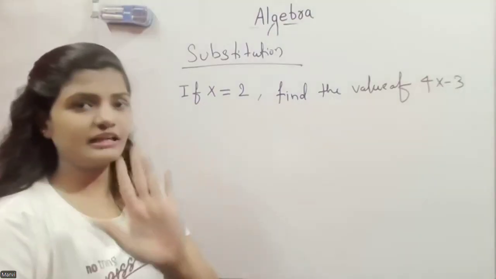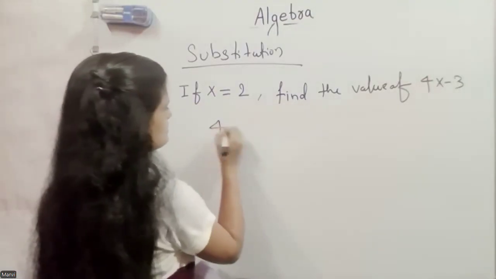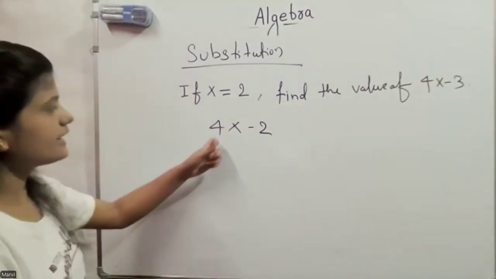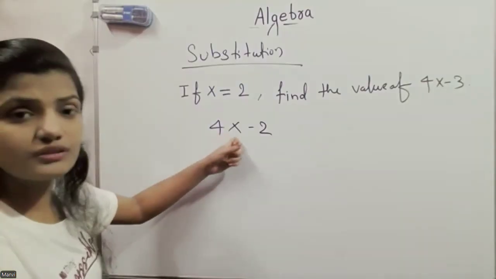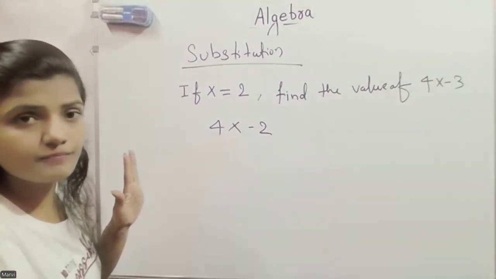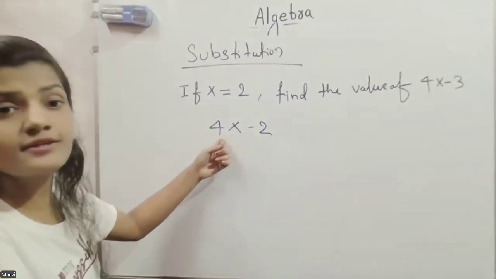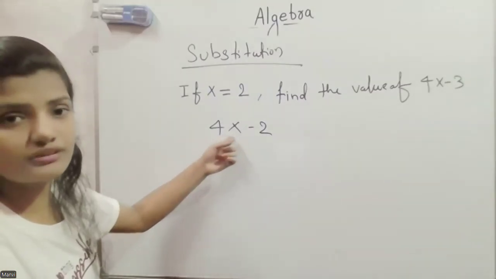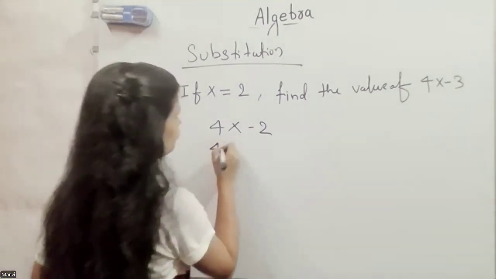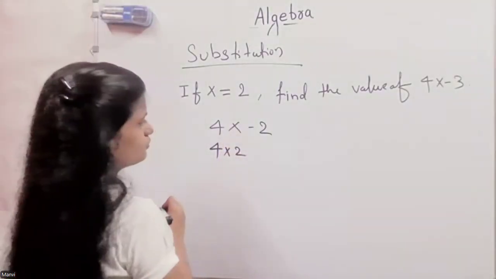So here, let me explain. We just need to replace this x in the question. You can see that 4 times x is 4x, right? This becomes 4x when we multiply 4 with x. So here we need to multiply this 4 with that 2 because the value of x is 2.